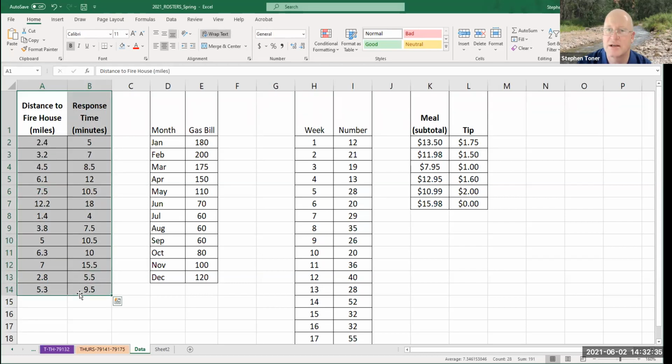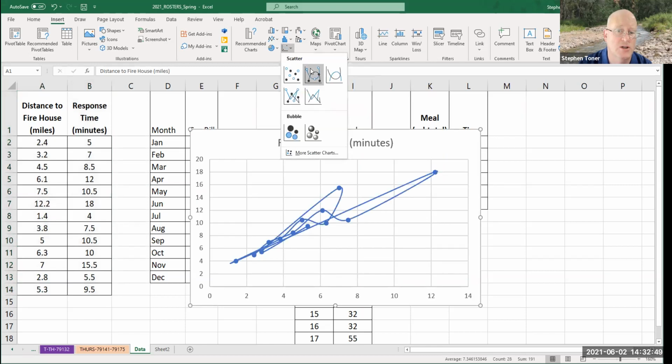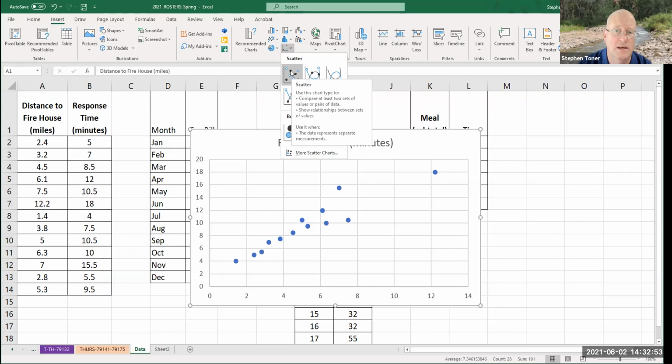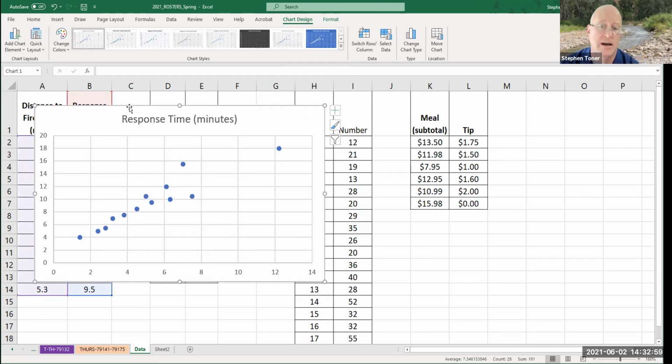So it's in an Excel spreadsheet, and I'm going to go up to the top where it says Insert. And I'm going to have a bunch of different choices here. And look at right there, you can barely tell it, but I have a choice of different types of regression pictures. And I think that first one is the one I want. So I'm going to click on that, and it actually generates a regression line for me, which is kind of nice.